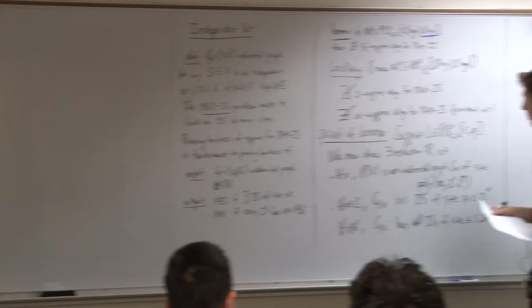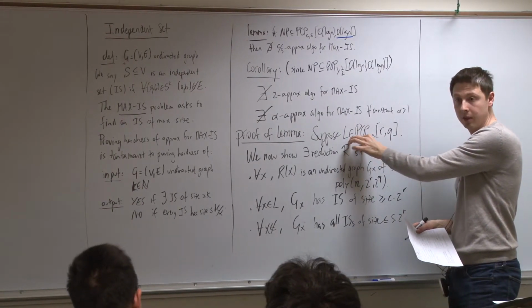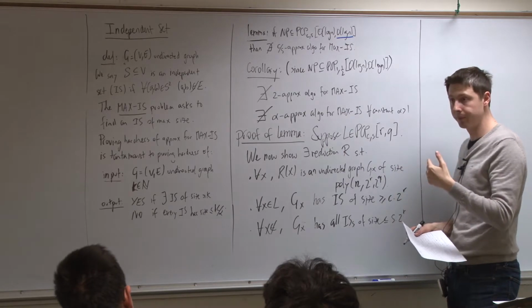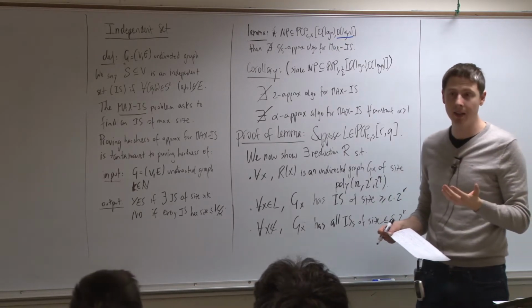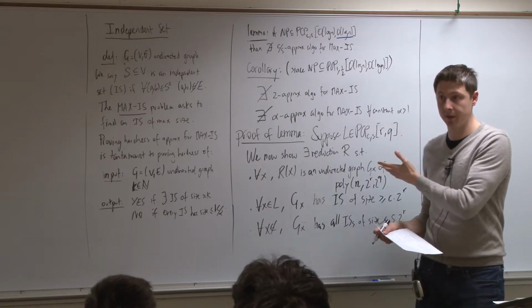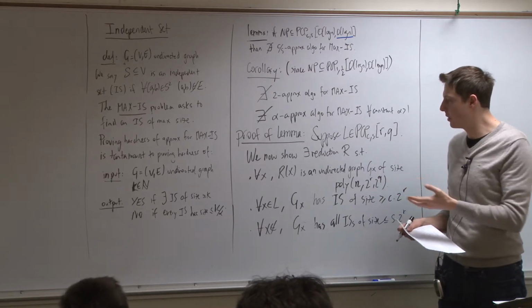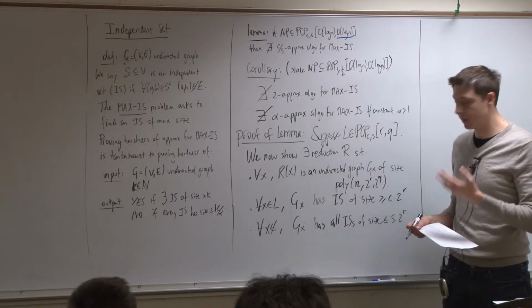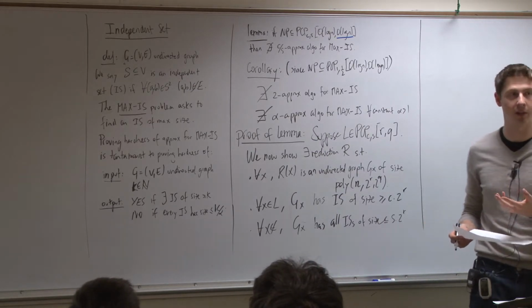Now, so far we haven't used the fact that L is in PCP with parameters r and q, right? So intuitively, at some point, we would like to say, hey, L has a PCP verifier V with these features. So how can we use the PCP verifier V to write a graph where independent sets are related to how the verifier behaves?